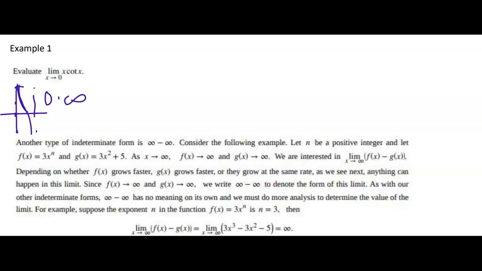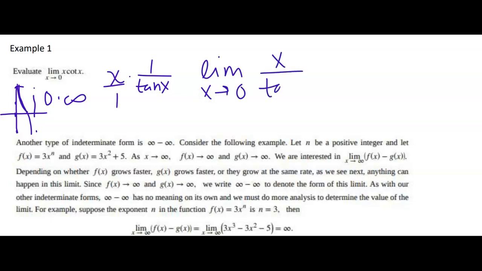Okay, so instead, I am going to write this as cotangent is 1 over tangent. So x times 1 over tangent x means I can look at this as the limit as x goes to 0 of x over tangent x. Now, again, when I plug in, I get 0 over tangent goes to 0 there with our vertical asymptotes. I should have those dashed.